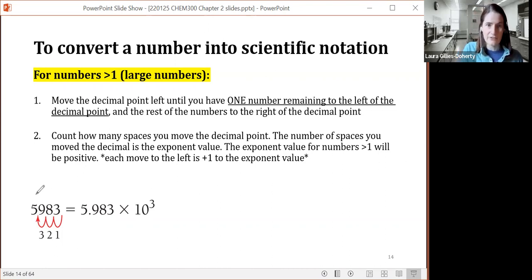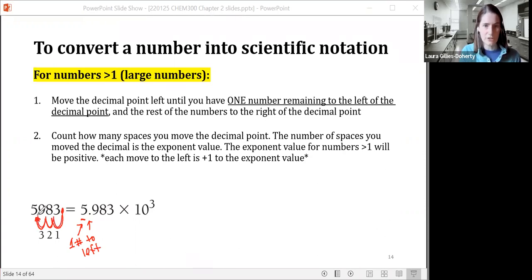So if we look down here, we have 5,983. This is where our decimal point would be. So we're going to move it over 1, 2, 3 spots so that we end up with just one number to the left of the decimal point. And we count how many spots we moved it.